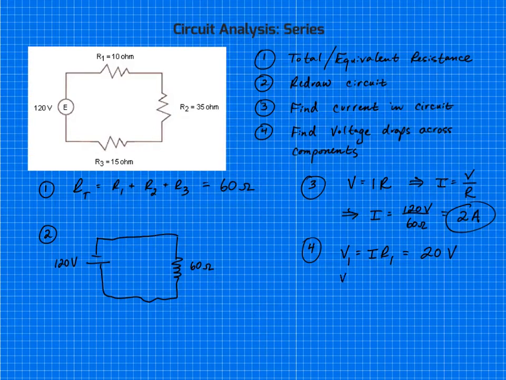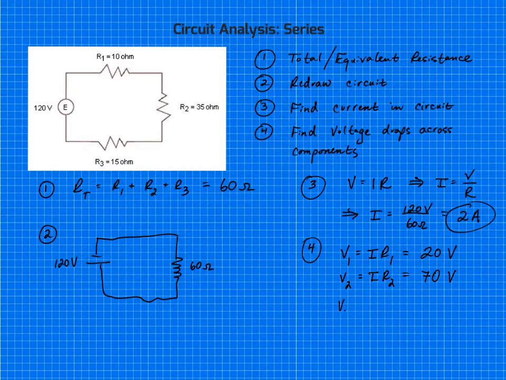So I get 20 volts. All right, now V2, we're doing the same process. So I'm going to have current times resistance 2, and I am going to get 70 volts. So that's my voltage drop across that second resistor. Okay?